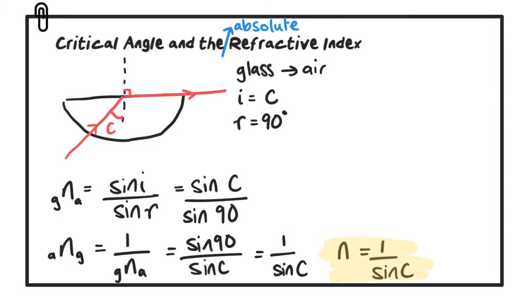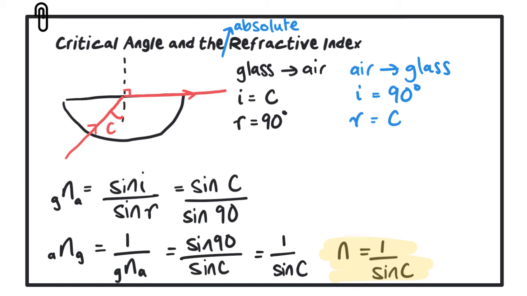Another way of looking at that would be to use the fact that light rays are reversible. So as we go from glass into air, our angle of incidence was equal to the critical angle and the angle of refraction was equal to 90 degrees. However, if we were to reverse the direction that the light was travelling and go from air into glass, then an angle of incidence of 90 degrees would result in an angle of refraction equal to the critical angle.